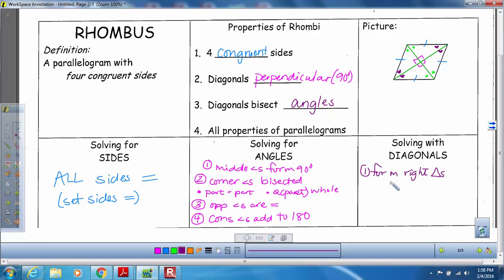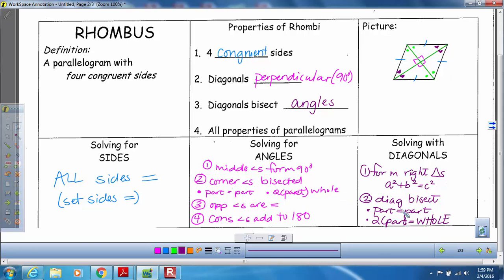So that means that a squared plus b squared equals c squared would apply. And then the second thing is that our diagonals bisect each other. So again, we have that part equals part, and 2 times our part equals the whole.